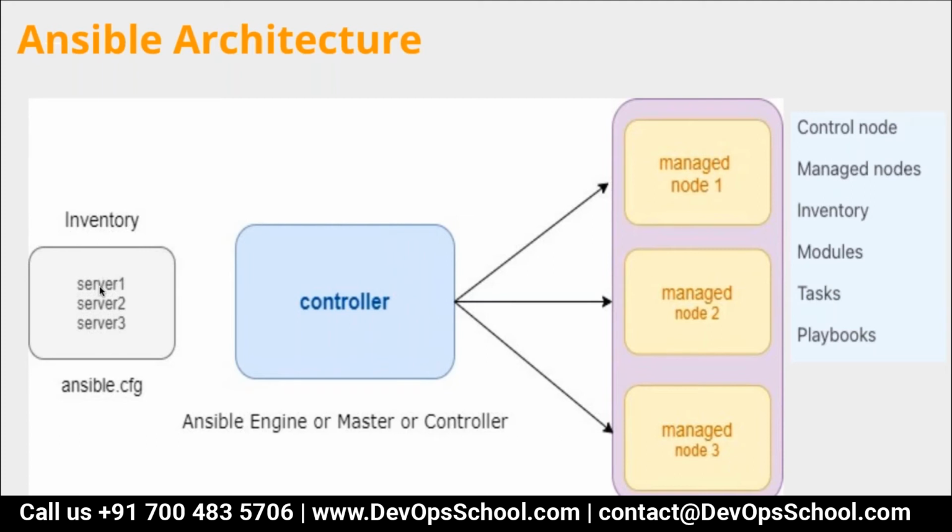And inventory is like a warehouse or storehouse, where it stores all the IP addresses or domain names of the targeted nodes, the managed nodes. Suppose, for example, you have three different types of environments, and in each environment you have five servers.